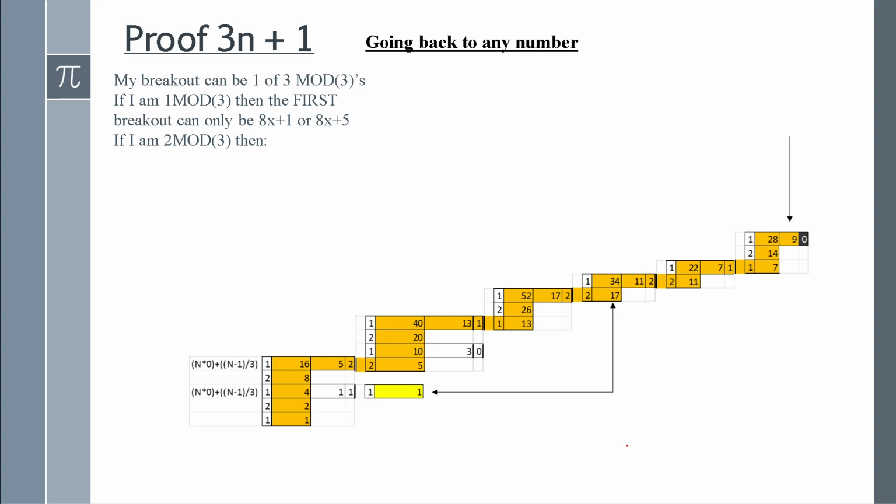If I am a 2 mod 8 or 2 mod 3, then I can go from a 1 mod 4 to a 3 mod 8. If I'm a 3 mod 8, I can only go to a 7 mod 8.